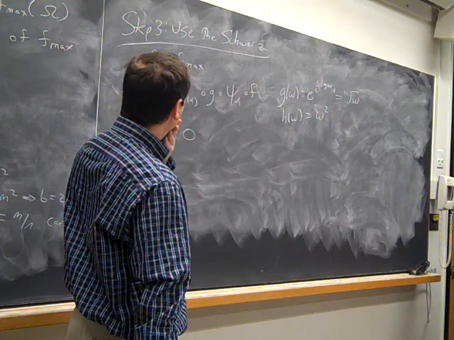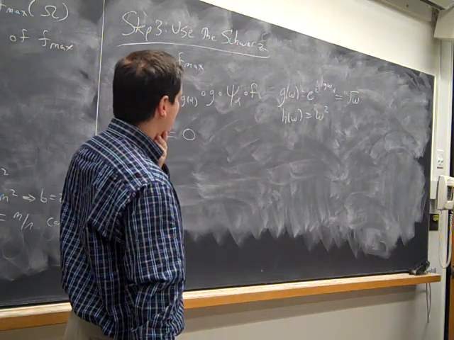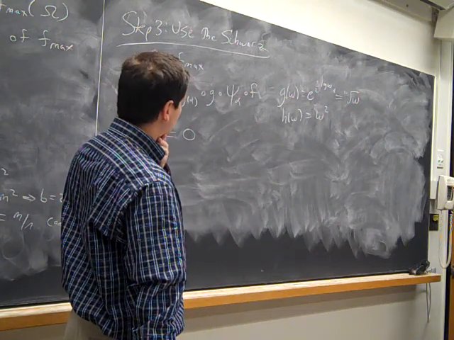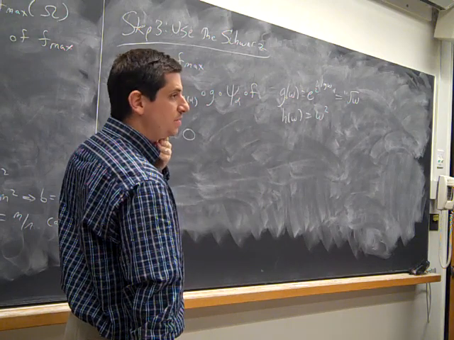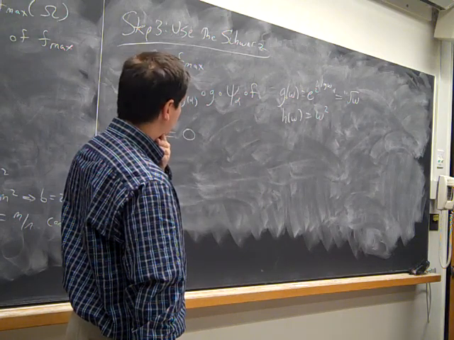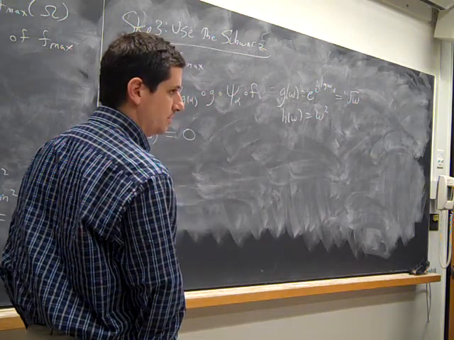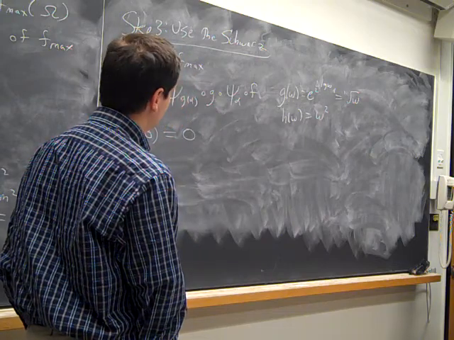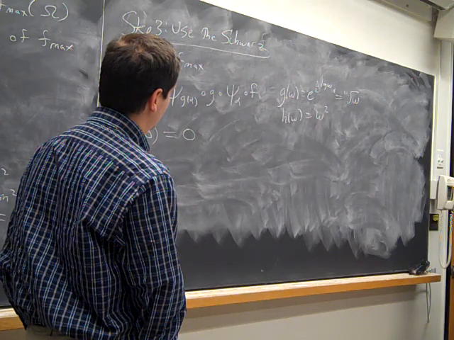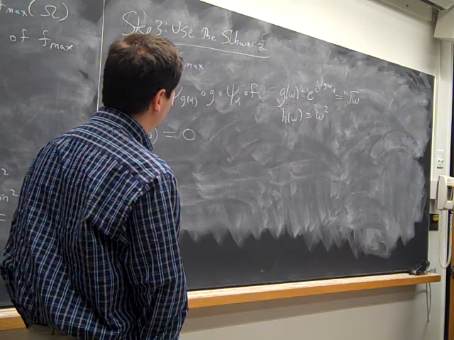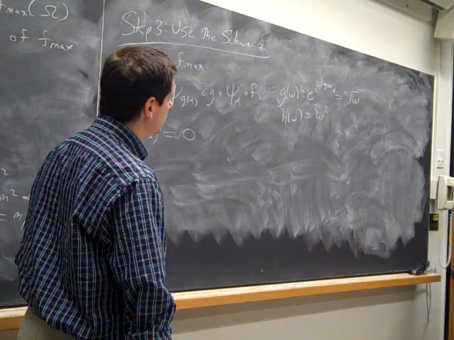Well, I'm going to assume that alpha is not in my set. My set is simply connected. It turns out we can define a square root function. And so we have a nice definition of the logarithm.